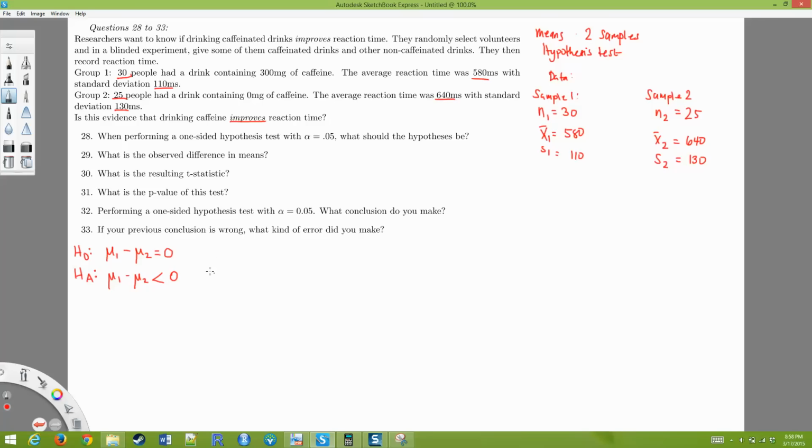For less than, because improves reaction time means the time is faster, less.